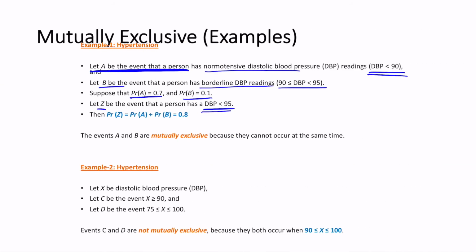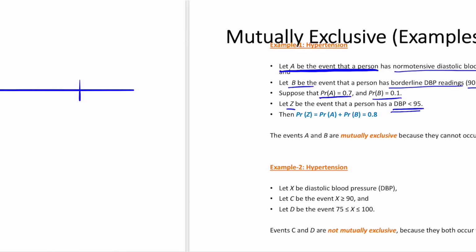So to understand this, let's take a simple number line and consider the values that they have given here. So first one is DBP less than 90. So let's say for example this is the value 90 and this is the value 95.